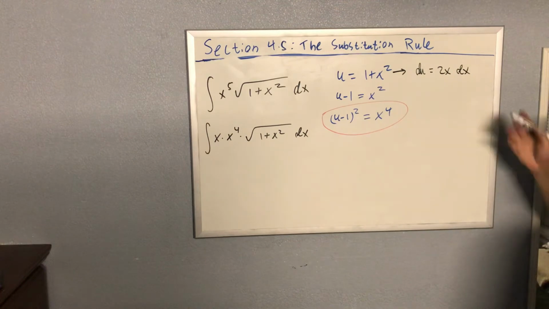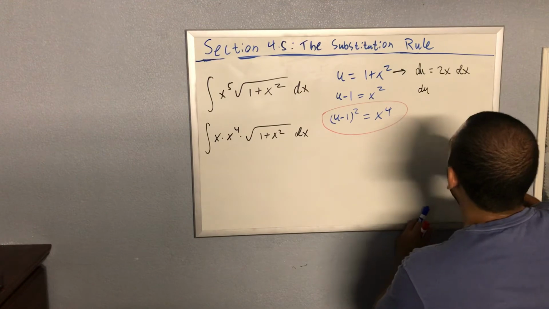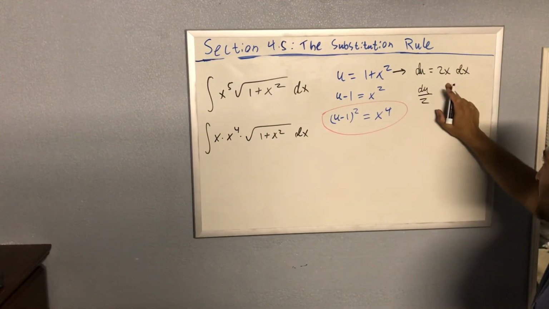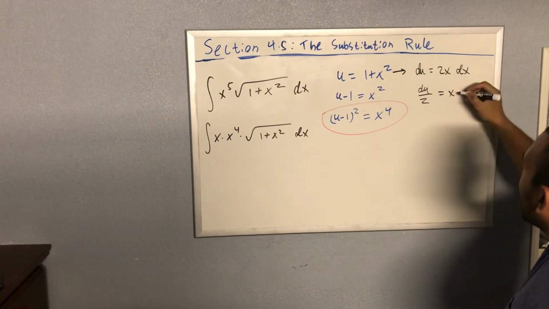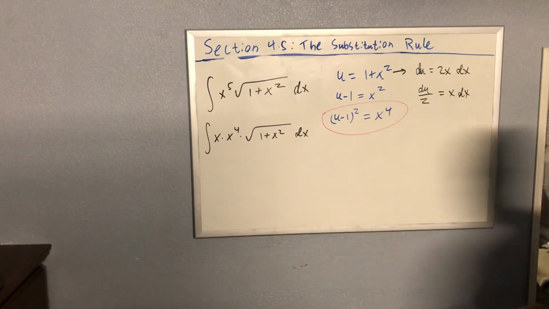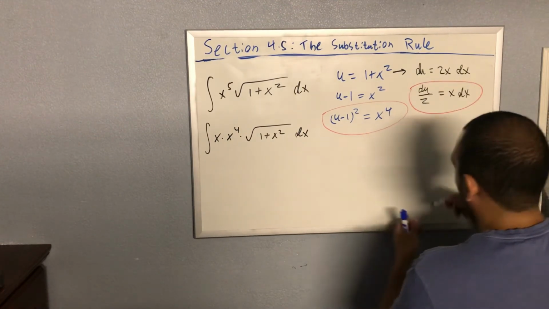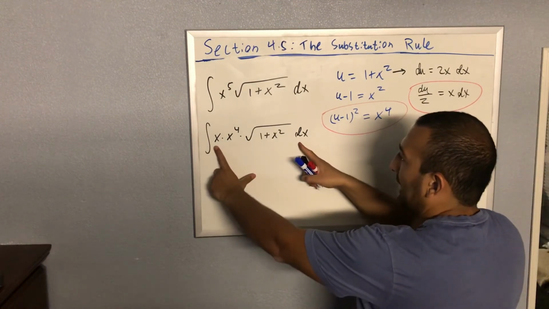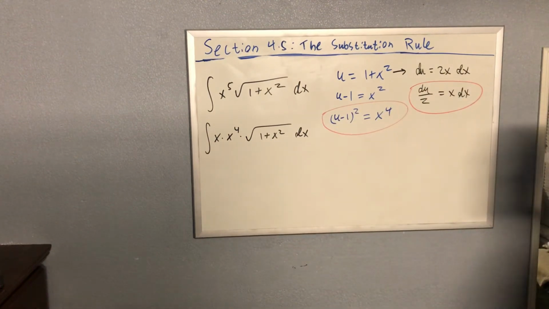And then if you divide by 2, instead of dividing by the whole thing, we see that du over 2 is x dx. That's pretty sweet. So this x times dx here, that whole thing is going to get replaced by du over 2.